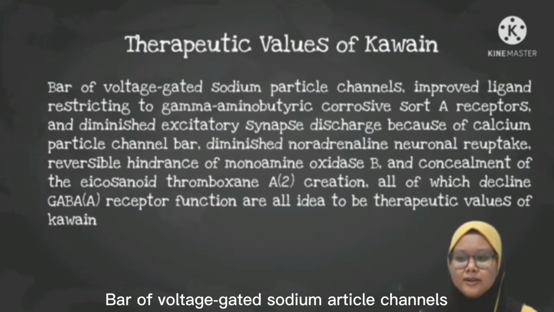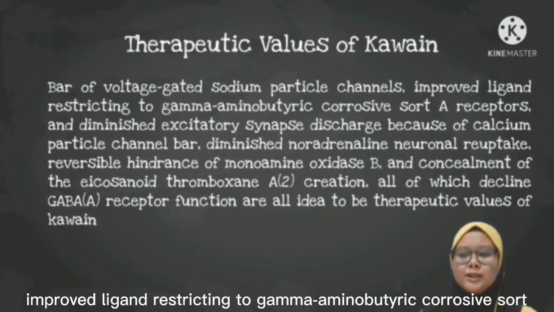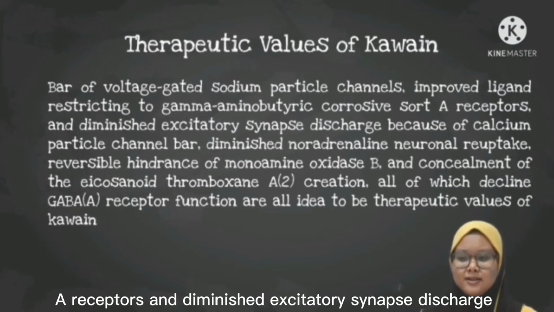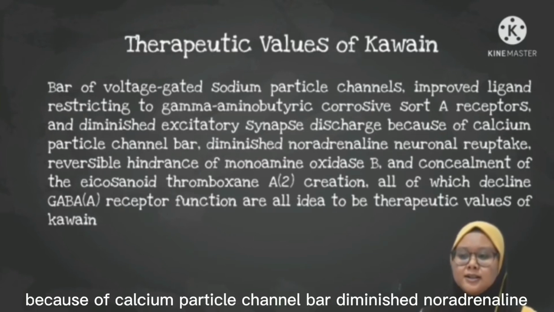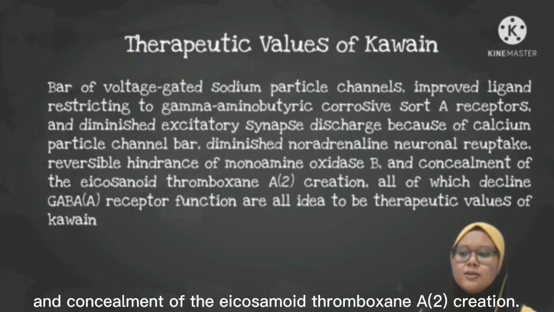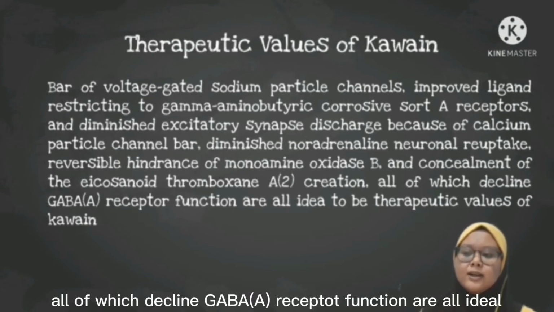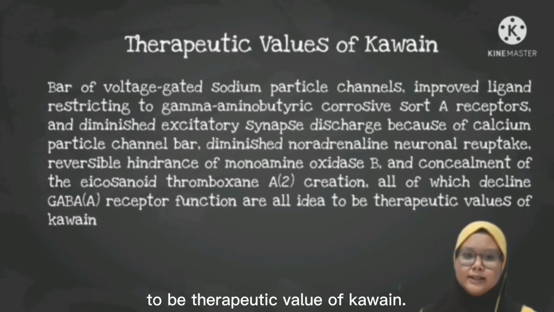Bar or voltage-gated sodium particle channels improve ligand restricting to gamma aminobutyric corrosive salt A receptors and diminish excitatory synapse discharge because of calcium particle channel bar, diminish noradrenaline neural reuptake, reversible hydrance of monoamine oxidase B, and concealment of the eicosanoid thromboxane A2 creation, all of which decline GABA A receptors function, are all ideal to be therapeutic values of Kawain.